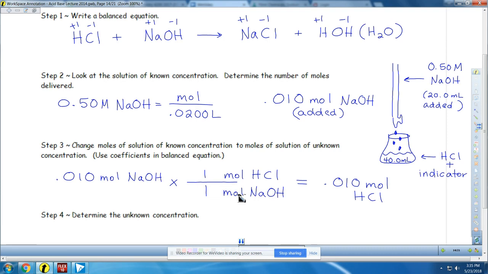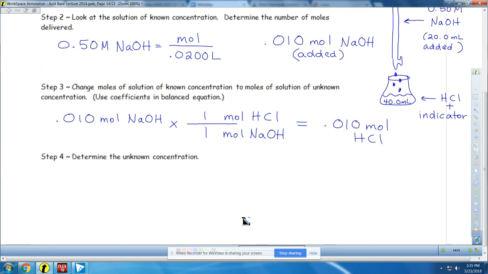Now we can do the concentration of the unknown. The unknown solution in this case was the hydrochloric acid, molarity of the HCl. Molarity is moles, which now I know, 0.01 per liter.